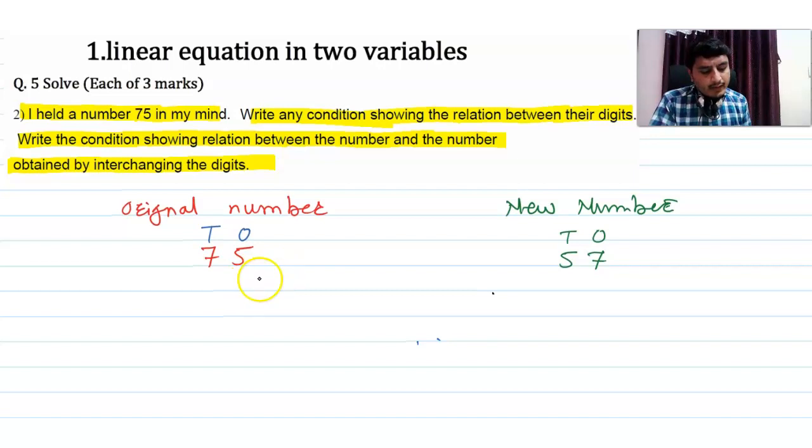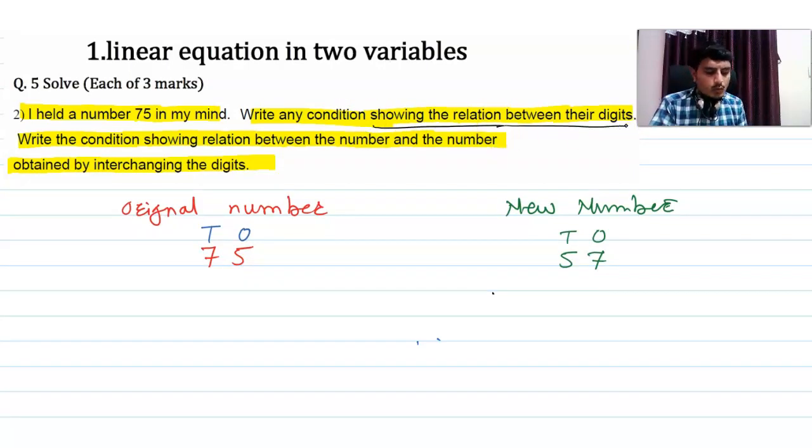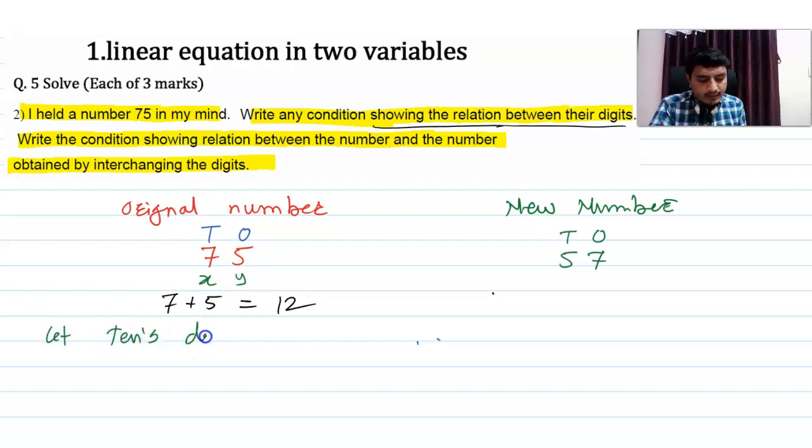Now we have to write any condition showing the relation between their digits. Look at the digits 7 and 5. Forming the numerical equation, 7 + 5 = 12. Assume the 10's digit is x and the 1's digit is y.